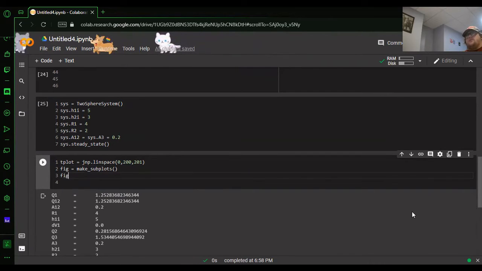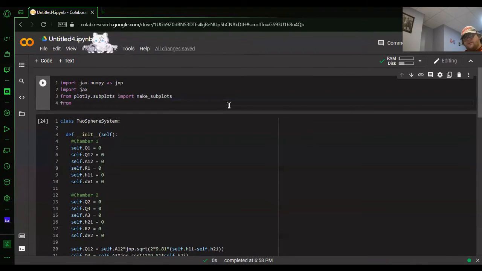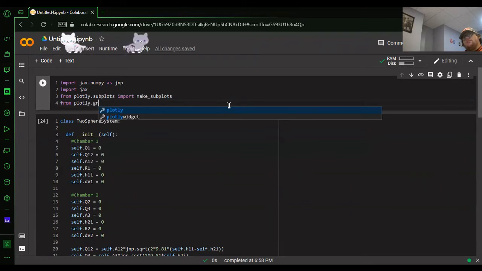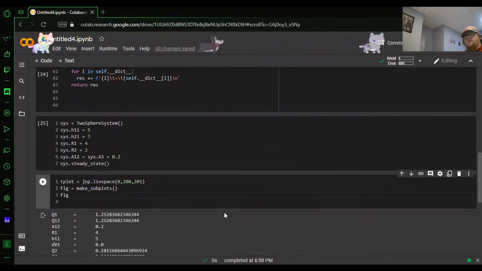And go back up here real quick. We need to add graph objects. Add trace, go.Scatter, our x is equal to t plot, my bad.